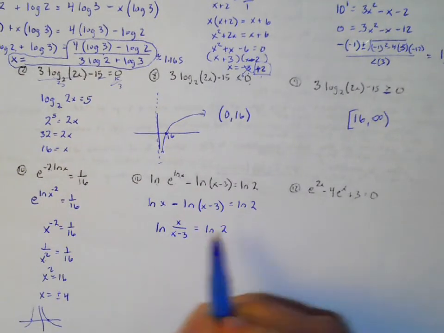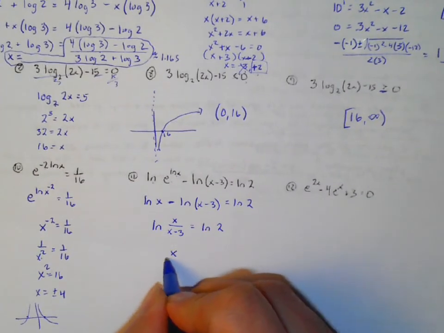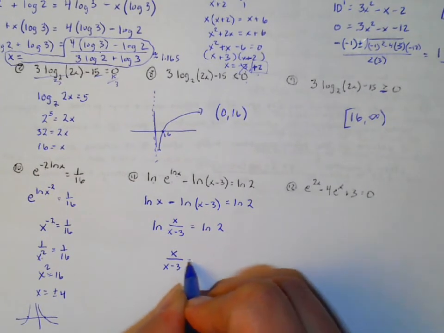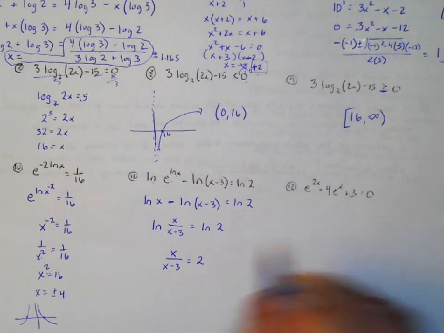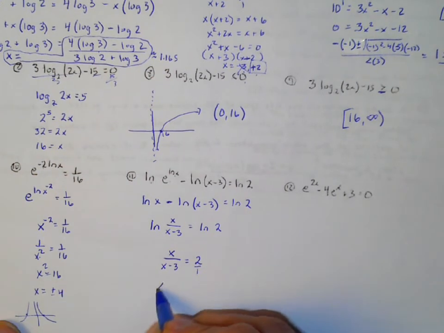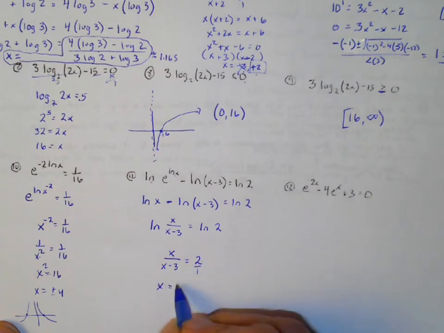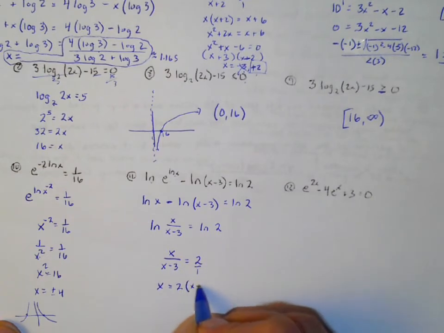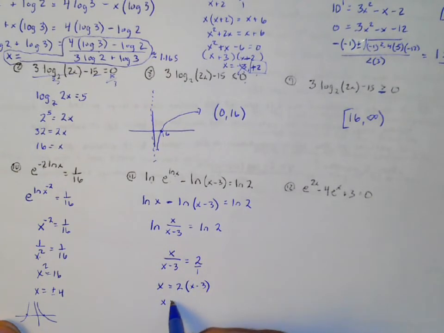Since they're both natural logs, I can say that x over x minus 3 has to equal 2. The way I would solve this is say 2 over 1 and I cross multiply. So that x times 1 is x is equal to 2 times your x minus 3. Okay, subtract that over, you get x, add that over, you get 6.